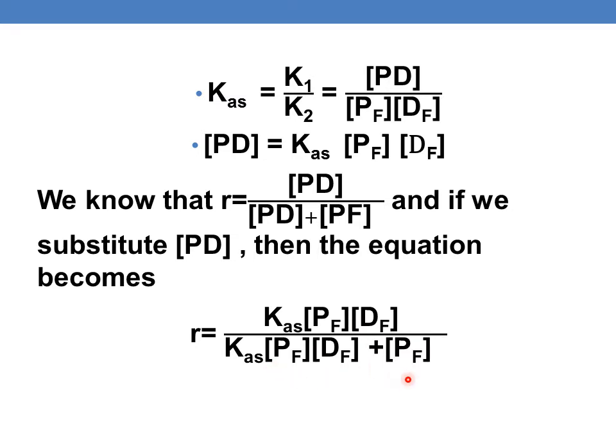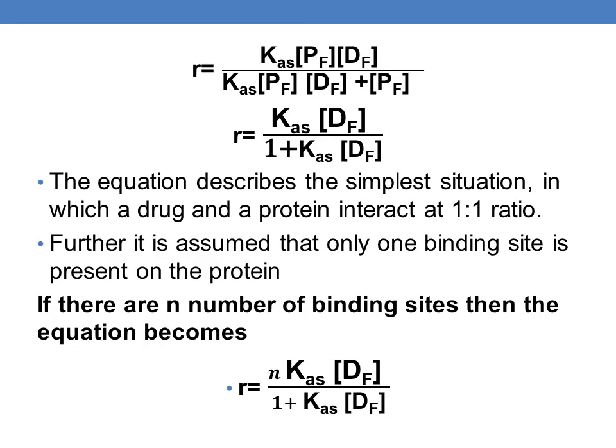Simply, we are replacing the equation PD is equal to Ks PF DF in place of PD. So the final equation becomes, if we take PF as common, R is equal to Ks DF by 1 plus Ks DF.